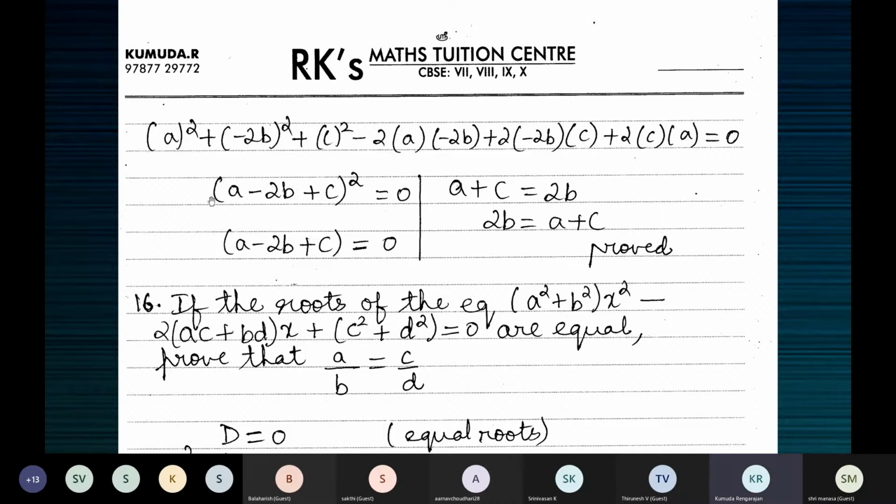So using the identity, these six terms make a minus 2b plus c the whole square is equal to 0. If a minus 2b plus c the whole square is 0, then a minus 2b plus c is equal to 0. And upon transposing, we get a plus c is 2b, or 2b is equal to a plus c.